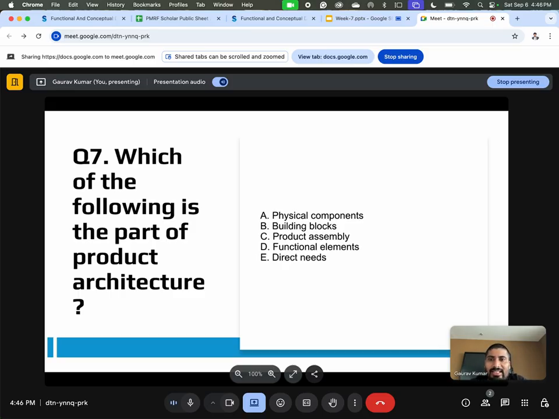So the product architecture defines how a product is organized into modules and components. At its core, it involves mapping functional elements to physical components, ensuring that every sub-function has a physical means of realization.